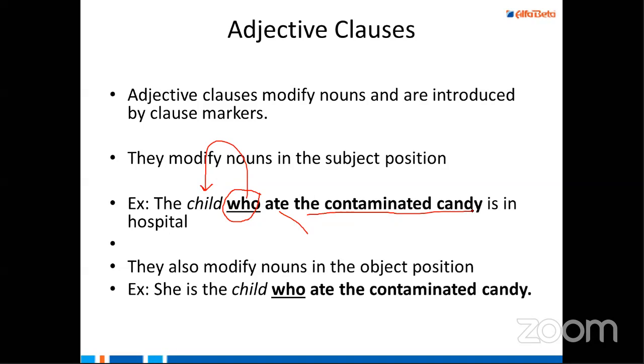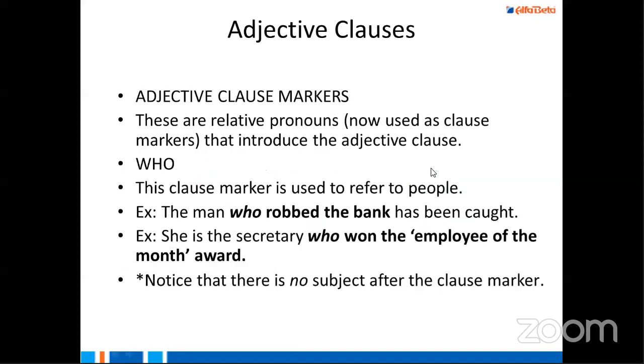So the entire structure of the adjective clause here is firstly the relative pronoun, then the verb, and then the object. Now let's look at all the different relative pronouns, and let's keep on understanding more about the positions and the internal structures of adjective clauses.